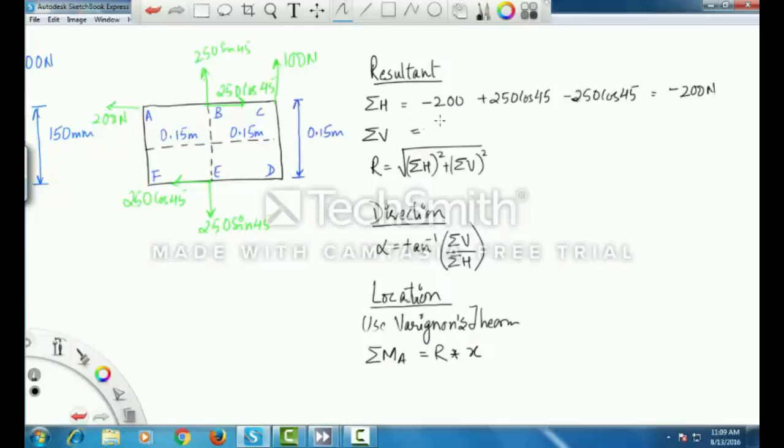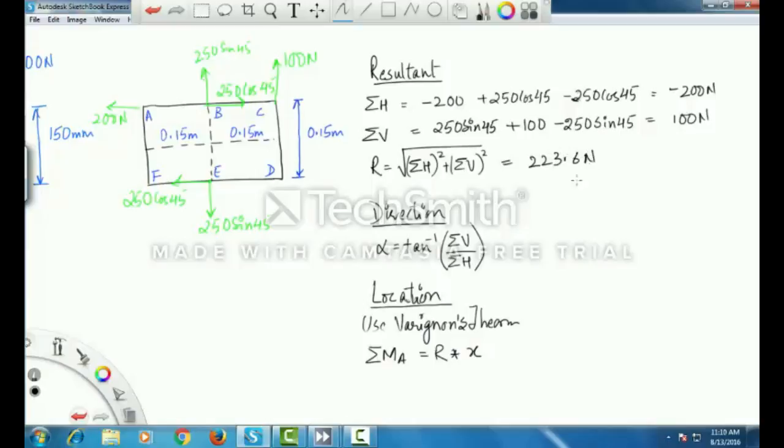So this is minus 200 Newton. And all the vertical forces: 250 sine 45 plus 100 minus 250 sine 45. So this is 100 Newtons.